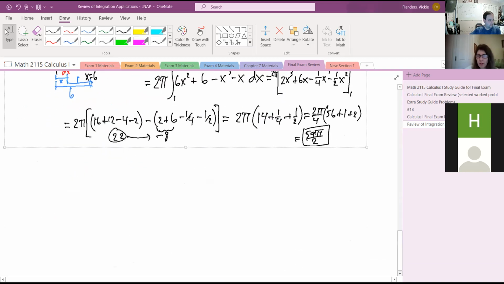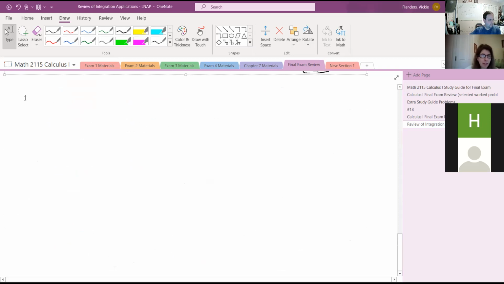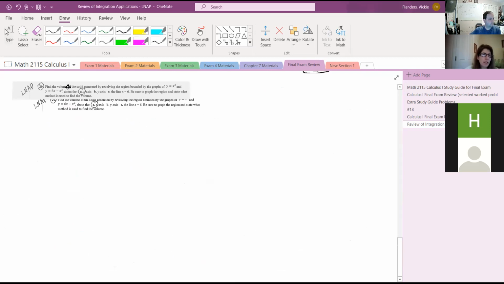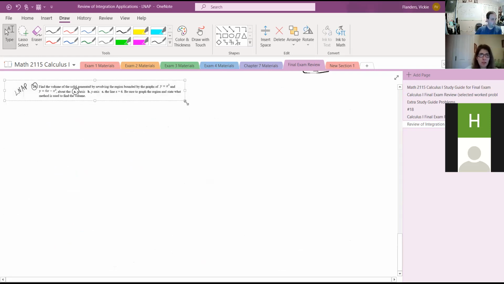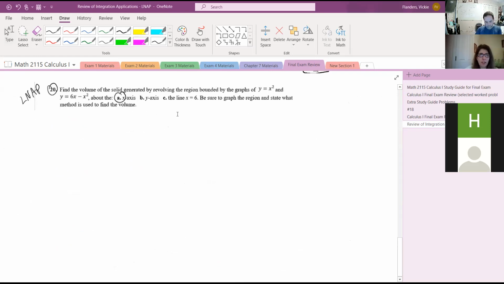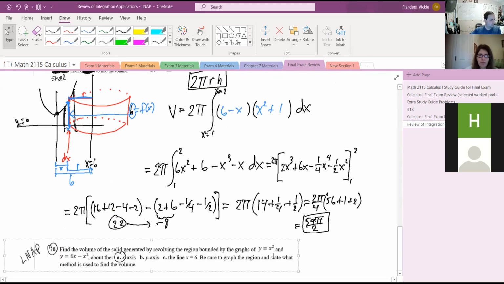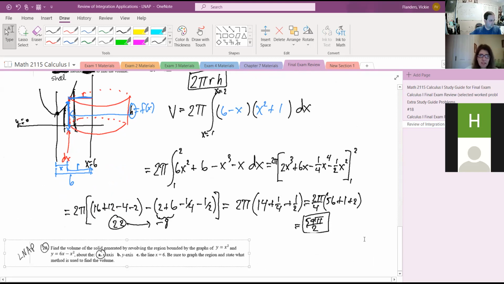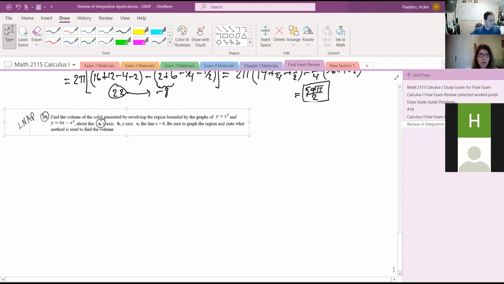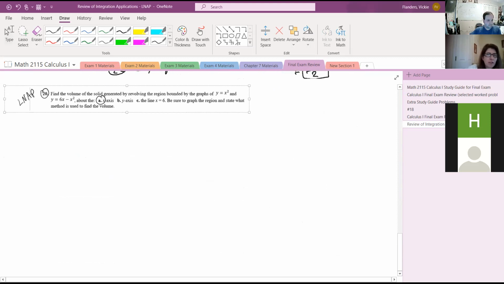So you have four problems: an area, 2 volumes, and it does say which method to use on the final. So that's a little bit of guidance to help you out. Previous semesters' finals didn't say what method to use. So it's a little bit more guidance for you guys.